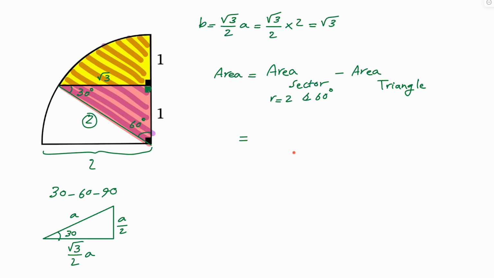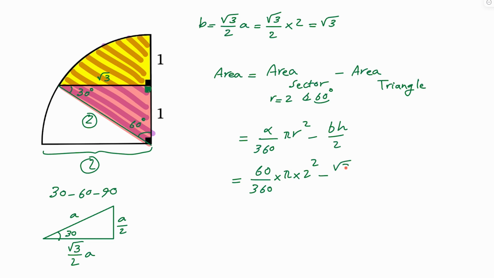So we can write for the area: alpha divided by 360 times pi r squared, minus b h divided by 2. Alpha is 60 divided by 360 times pi times r squared, which is 2 to the power of 2, minus b, which is the square root of 3, times h, which is 1, divided by 2.